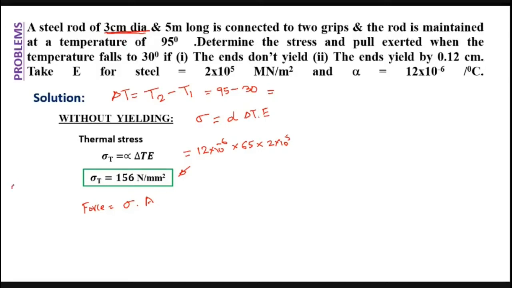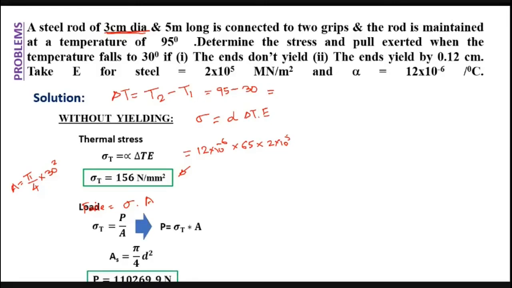Our area will be pi by 4 into 30 square, converting to mm. So pi by 4 into 30 square is my area, and stress is 156. When I substitute, I get the force value. So load is P by A. This is my total force applied for this particular problem, which is without yield.